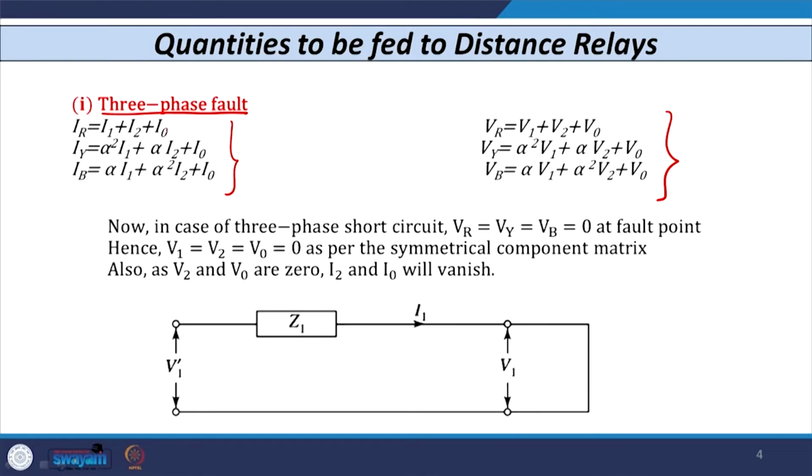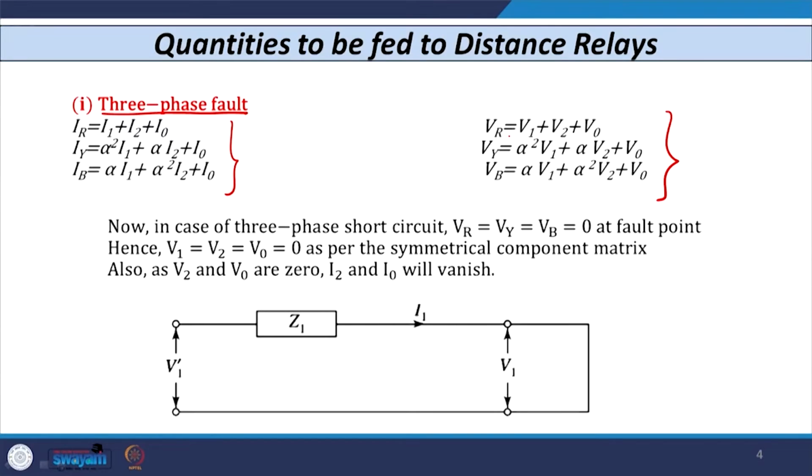So, IR is equal to I1 plus I2 plus I0, whereas IY is equal to alpha square I1 plus alpha I2 plus I0, and similarly IB is equal to alpha I1 plus alpha square I2 plus I0. In the same way, VR is V1 plus V2 plus V0, VY is alpha square V1 plus alpha V2 plus V0, and VB is equal to alpha V1 plus alpha square V2 plus V0. These are the fundamental equations which we will utilize for derivation of all types of faults.